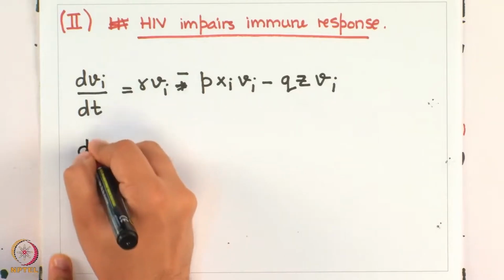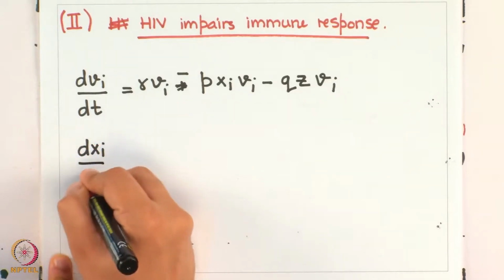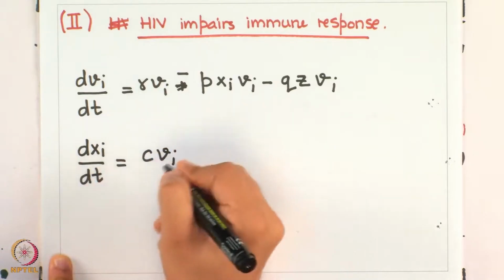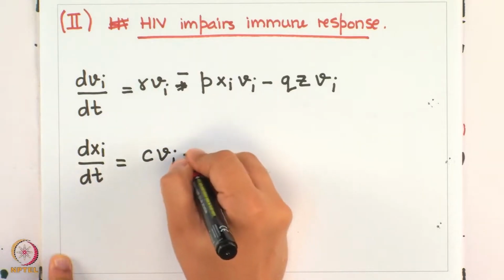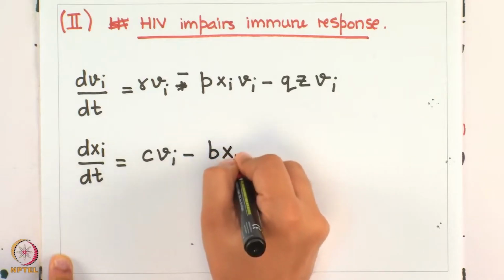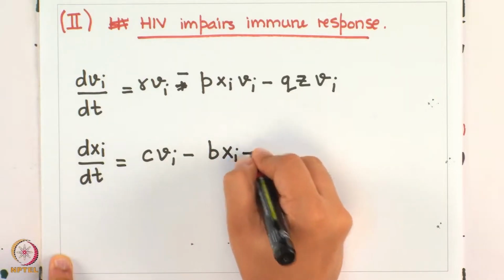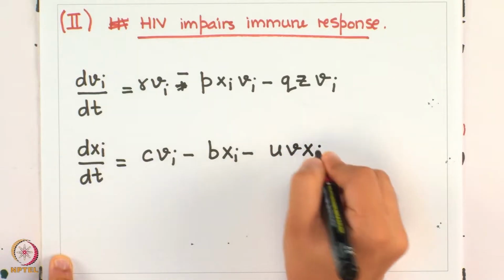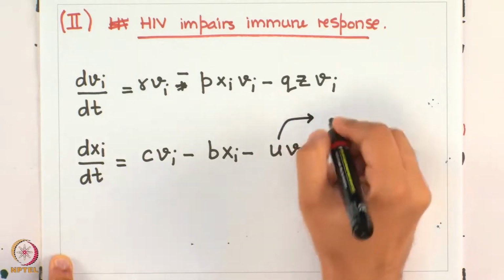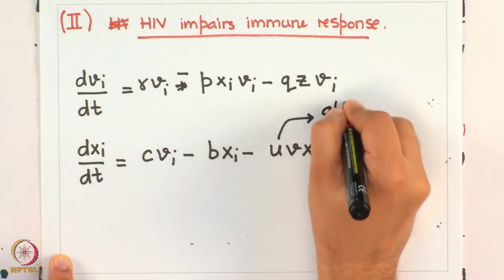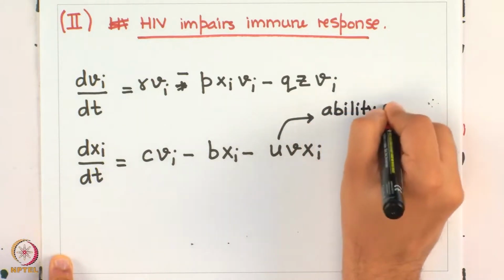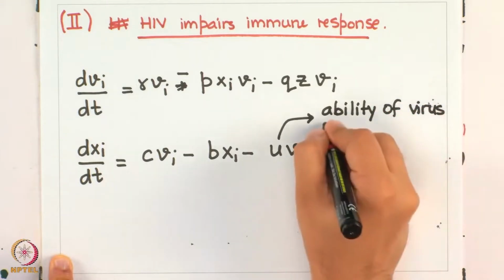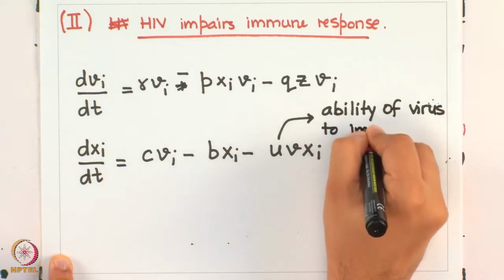For the specific immune response dynamics, I have dXi/dt equals C times Vi. It is launched in proportion to the virus load, it decays exponentially in the absence of virus, and we add another term which says U V Xi, and U is the factor which represents the ability of virus to impair immune response.